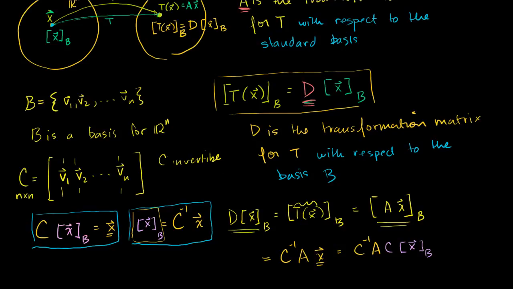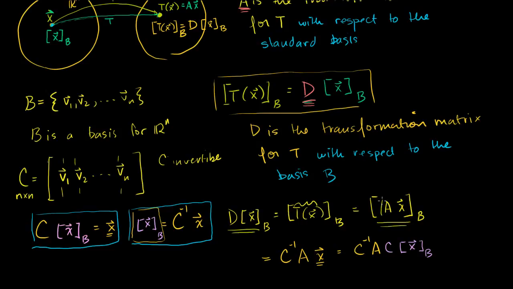That point right there should be the non-standard representation of the transformation of x, the coordinates of the transformation of x with respect to B. Now, the transformation of x, if x is in standard coordinates, is just A times x. So this is just A times x, but I want to represent it in these non-standard coordinates. Now, A times x in non-standard coordinates is the same thing as C inverse times A times x.